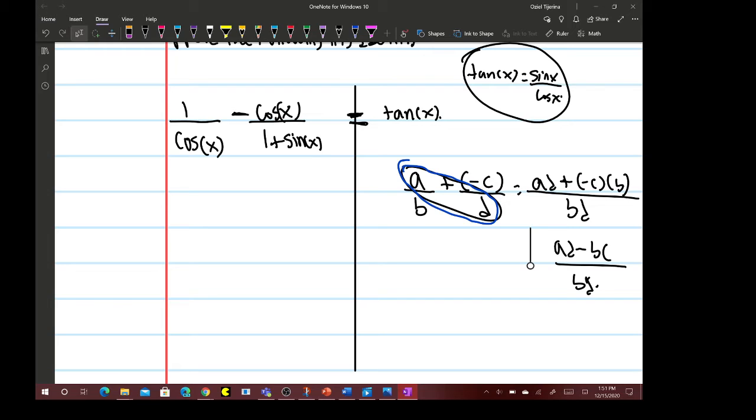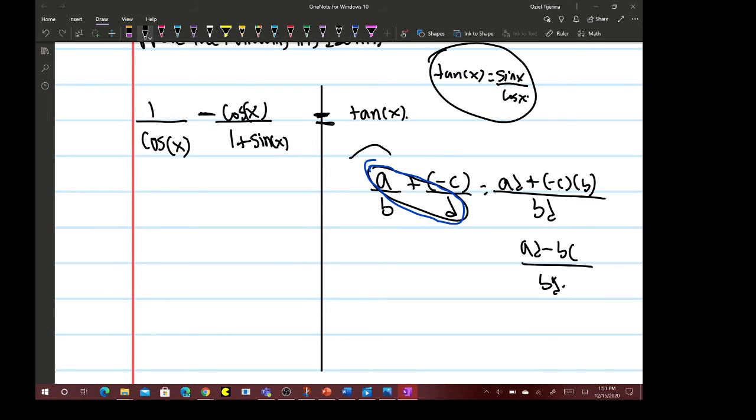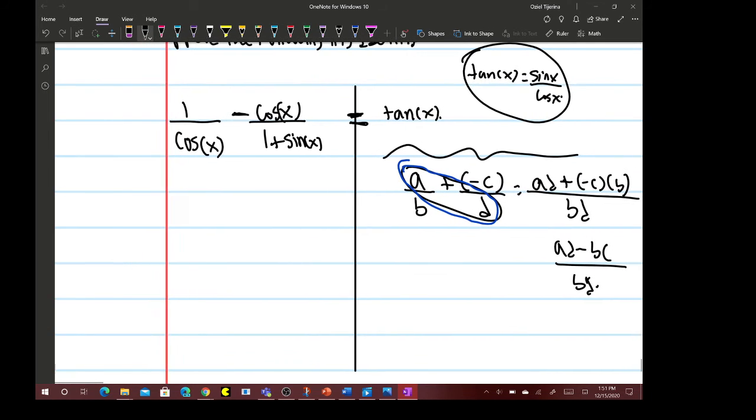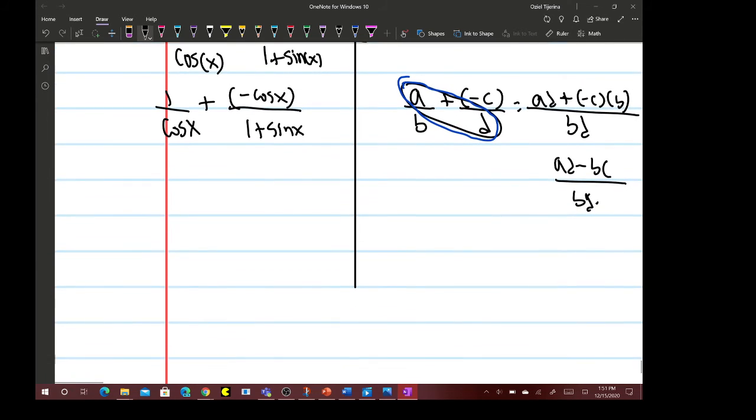So the way that I would do it is to just completely cross multiply, and I would change it into this form here. I'm going to say that this is equal to 1 over cosine x plus negative cosine x over 1 plus sine x, and then I can cross multiply.